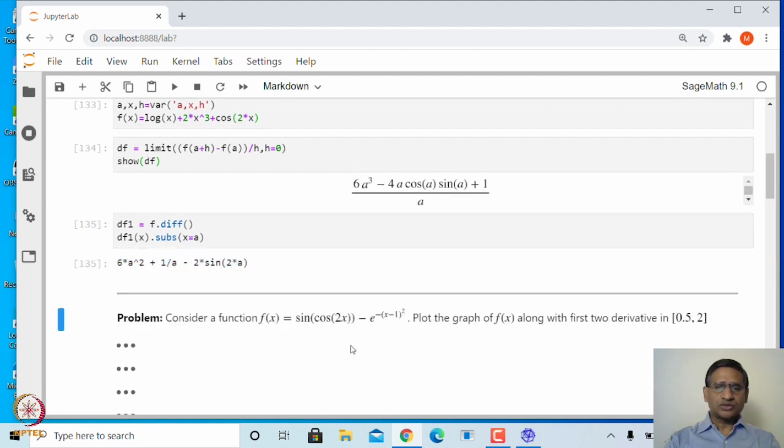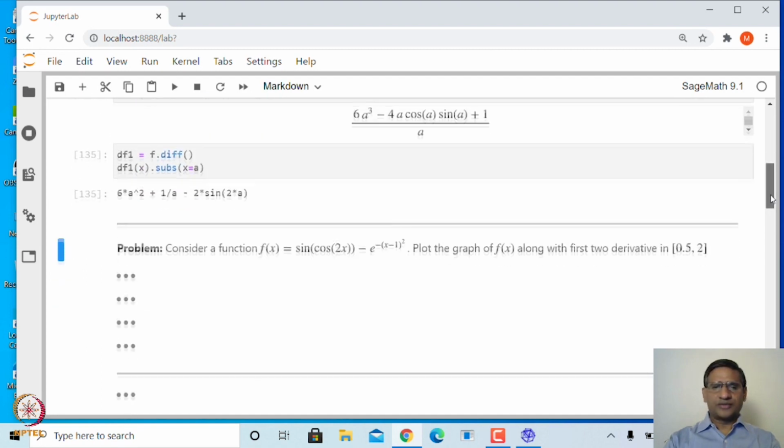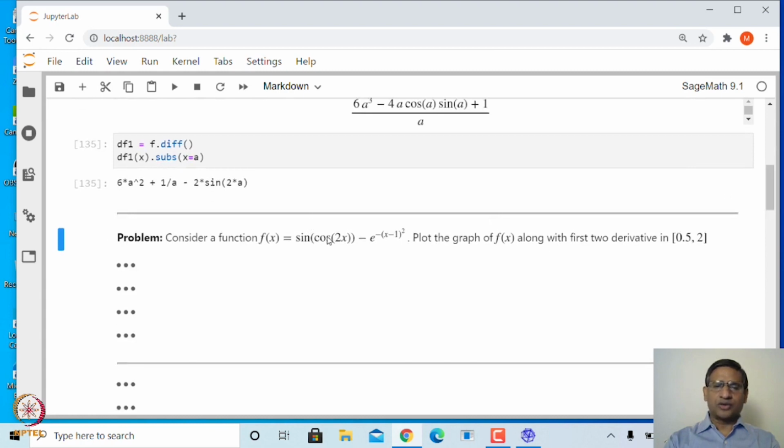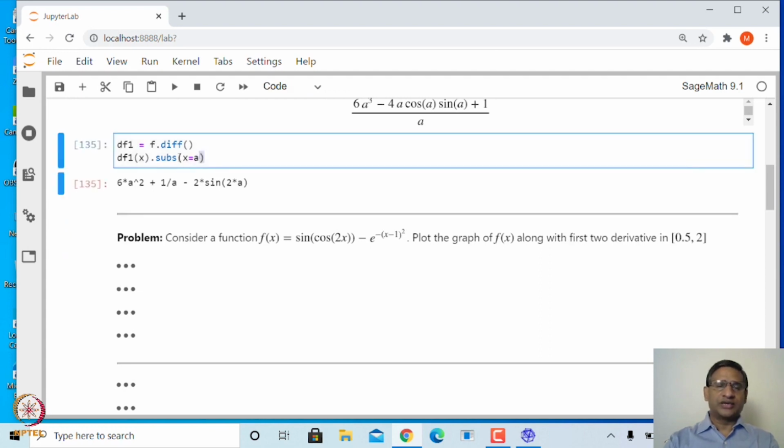So, let us look at a function f(x) equal to sine of cos 2x minus exponential of minus (x minus 1) the whole square. Suppose we want to plot the graph of this function along with the first derivative and second derivative. We already know how to find any kth order derivative using the diff function.